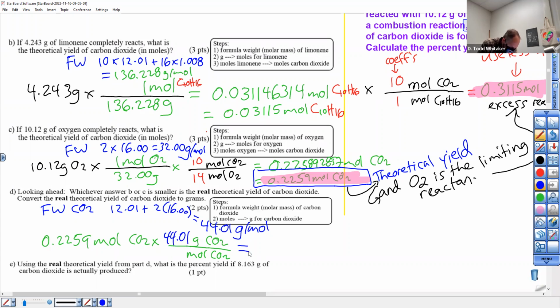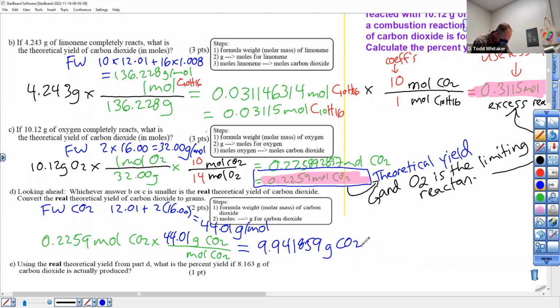And it's about a quarter of 44, a little less. I'm saying it's close to 10. 9.941859. Close enough. And that would be grams CO2, right? And it's not a final answer, so you don't even round it.